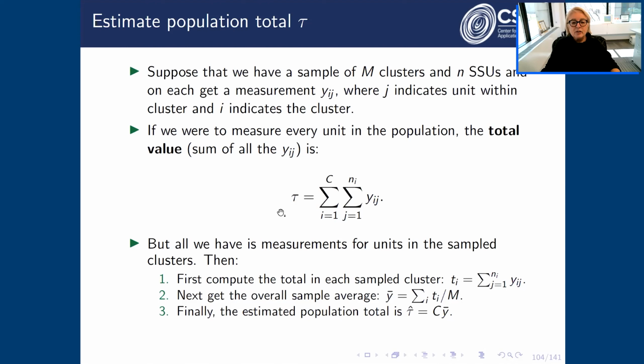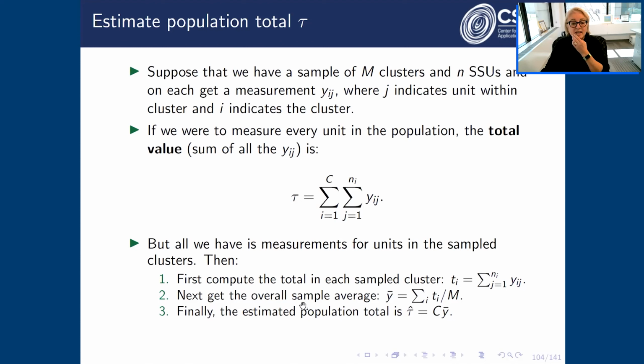So how do I go about estimating this tau? Well, first I'm going to compute the total in each of my sampled clusters, and this is what I'm calling T sub i. In my case, I have 10 of these T sub i's because I have M equals 10 sampled clusters.